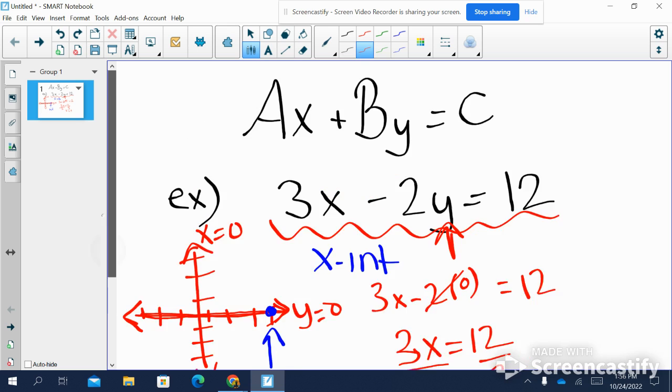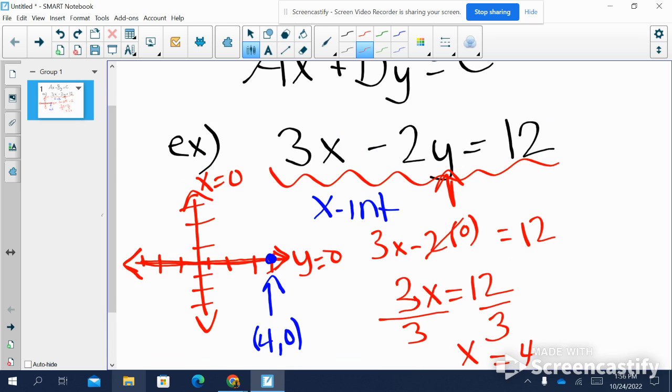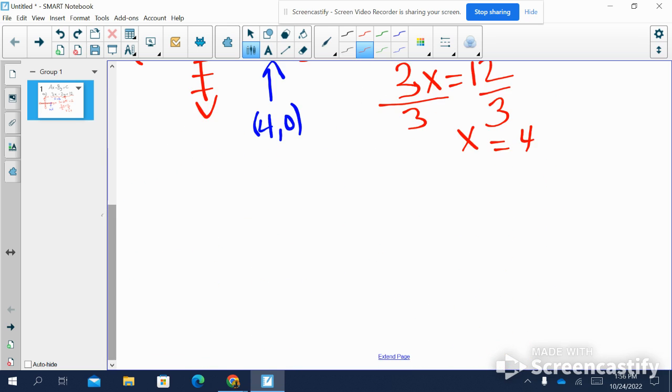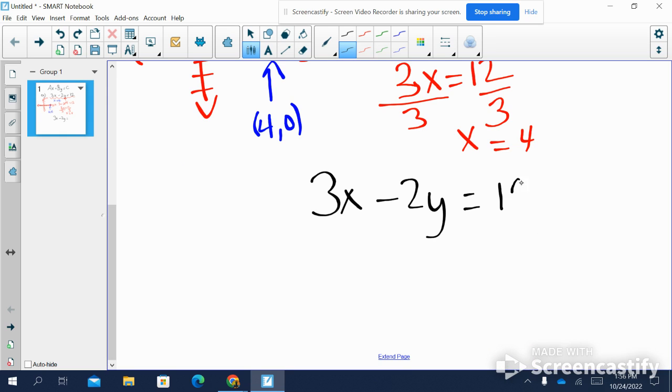So I'm going to rewrite that problem from before. Three x minus 2y equals 12. And now, because I'm trying to find my y-intercept, the x value is going to be equal to 0. So everything else comes on down.